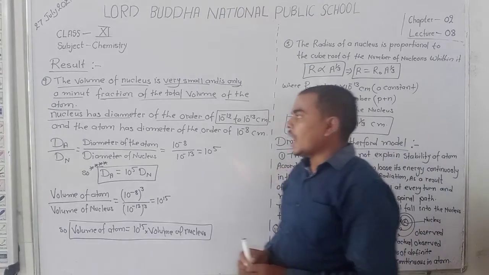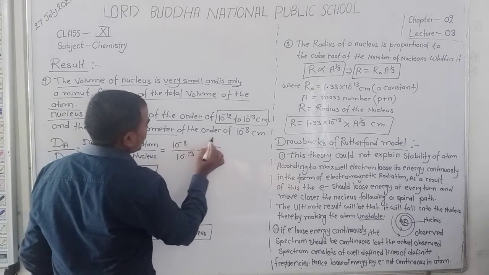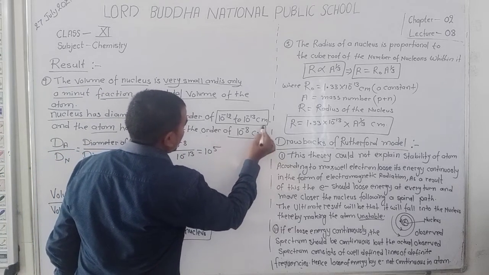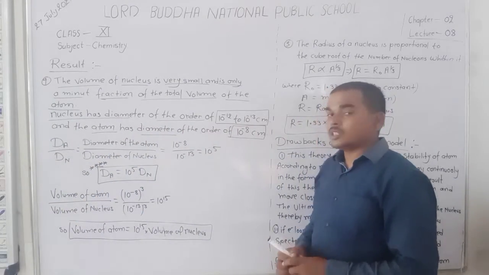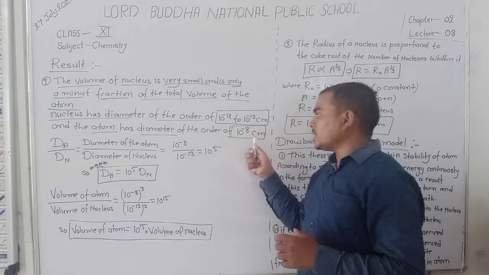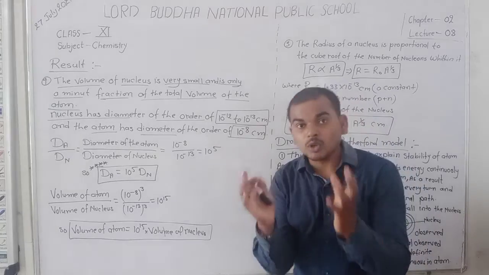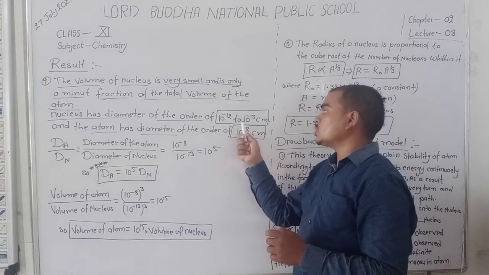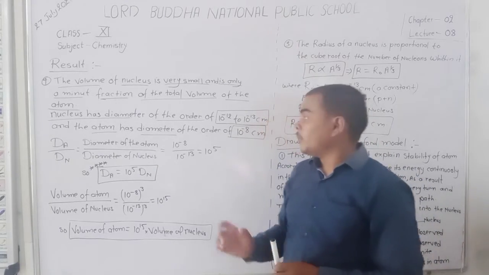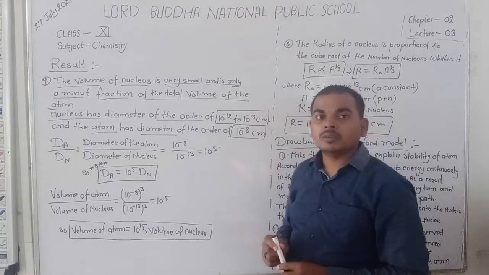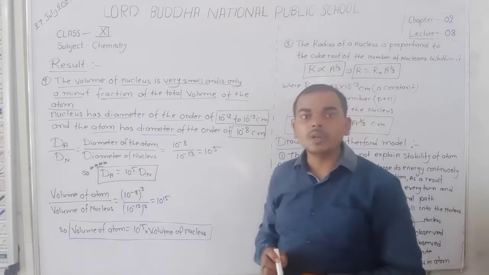Dear student, and the atom has a diameter of the order of 10 raised to the power minus 8 centimeter. The size of the atom is 10 raised to the power minus 8 centimeter, whereas the diameter of the nucleus is 10 raised to the power minus 12 to 10 raised to the power minus 13 centimeter. It is the major difference between the diameters of the atom and the nucleus.